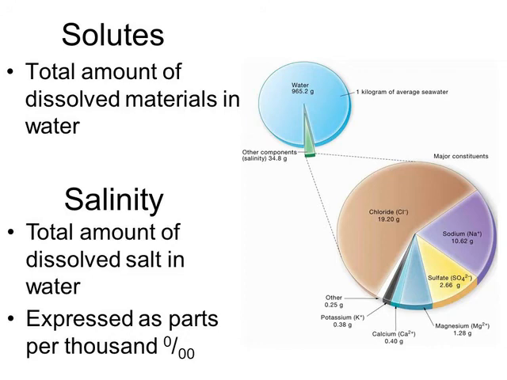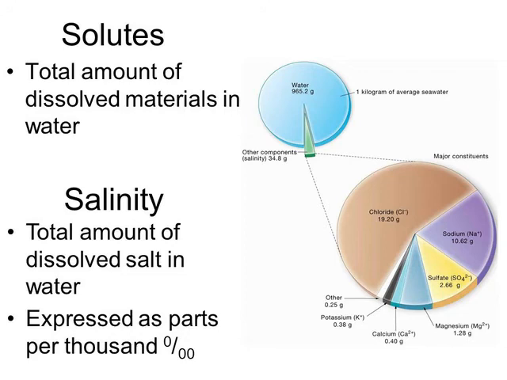When we look at the larger pie slice, the majority of the solutes in seawater are chlorine and sodium. And you have some others that are sulfate, magnesium, calcium, potassium, and some others that make up a smaller chunk. All of this is within that small little green sliver.